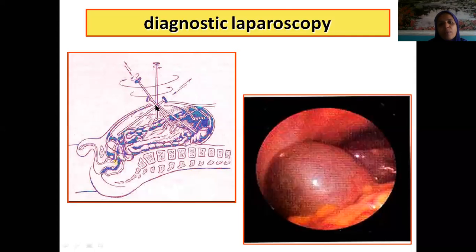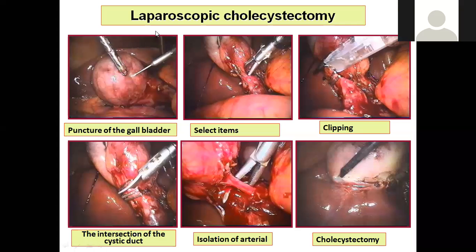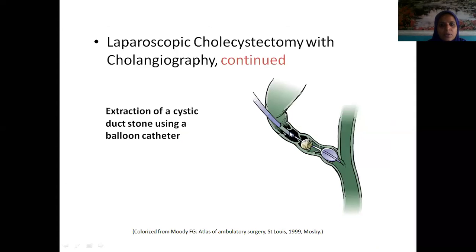That is a small opening. See, laparoscopic cholecystectomy: you are visualizing the gallbladder with the help of the laparoscope, and finally you are lifting it and the gallbladder is no more, through a series of steps. That is cholecystectomy. So this is laparoscopic cholecystectomy with cholangiography.